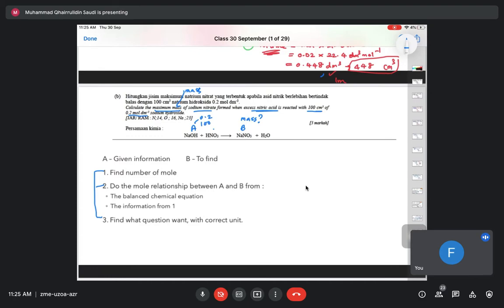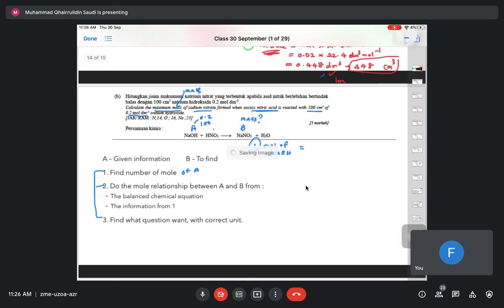Find number of mole of A. Number 1 is the number of mole of A. Who is our A now? Sodium hydroxide. So is sodium hydroxide solid, liquid or gas? Liquid, sorry. So what is the formula for liquid?